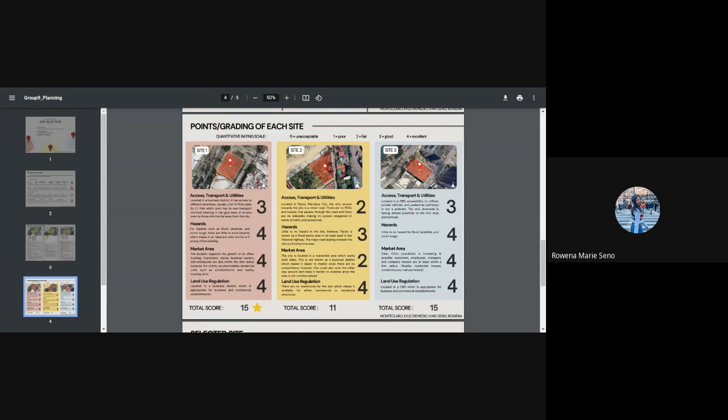For market area, still 4 since the population in the area is increasing, and potential customers, employees, managers, and company owners are at least within a 1 kilometer radius. And for land use regulation, it is scored 4 since it is located in a CBD, which is appropriate for business and commercial establishments, with a total score of 15.